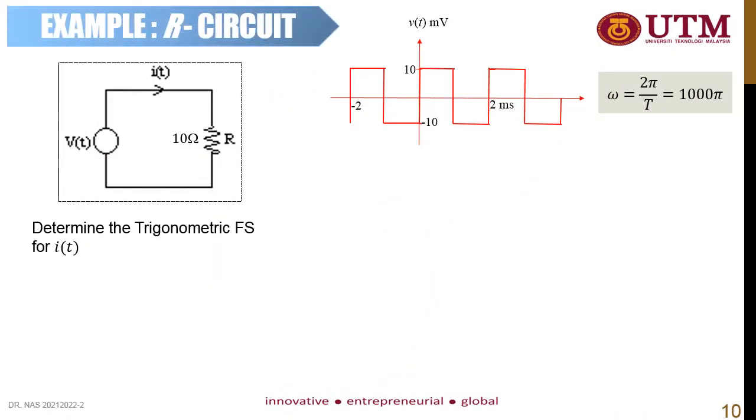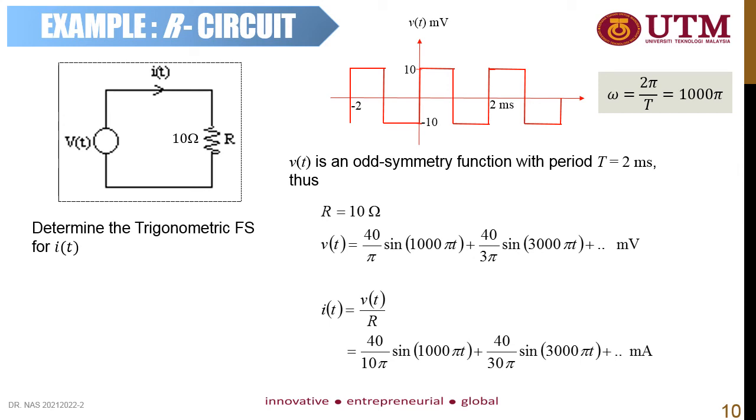Okay, let's look at this example when you have only one passive component in the circuit. You need to determine the trigonometric Fourier series for i(t). Given is v(t), so you need to get the exponential Fourier series for v(t), and then get the trigonometric equation, then you can solve for i(t). In this case, R equals 10 ohm.